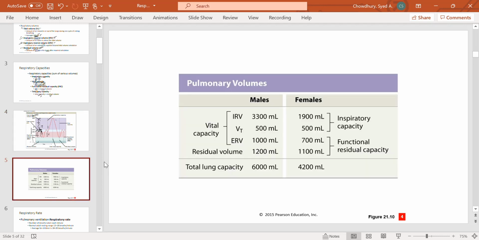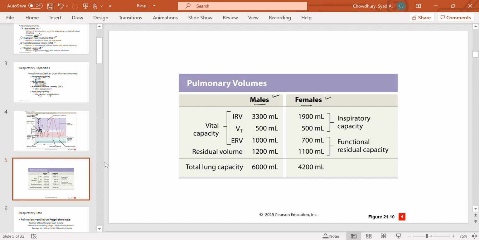Okay, here you see the differences of those volumes and capacities between the male and female. Male body is more muscular, respiratory muscles are stronger, and the total size of the body is bigger, and also the metabolism is more in male body than the female body, right?